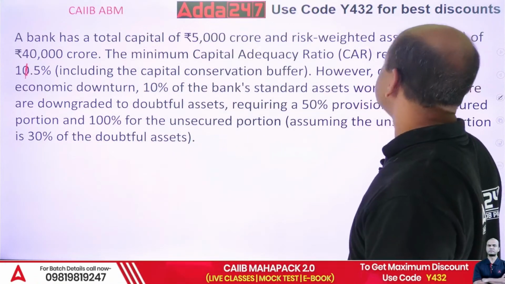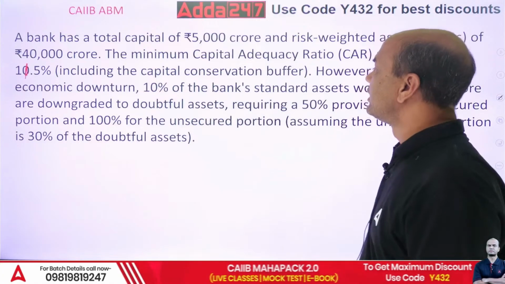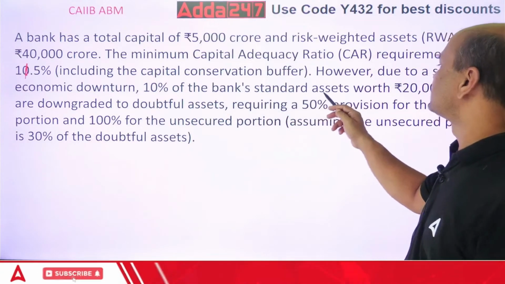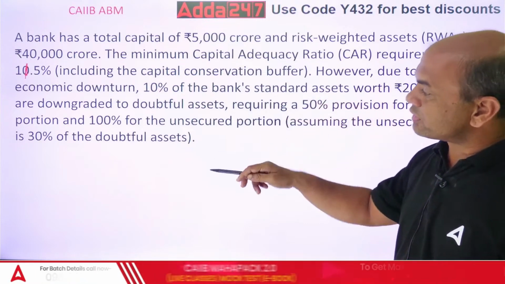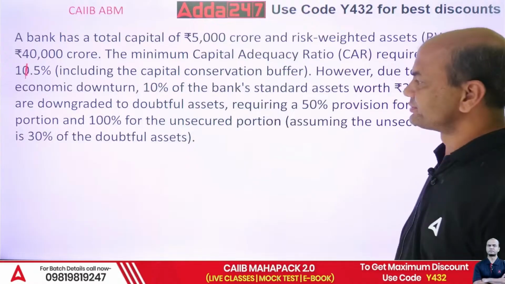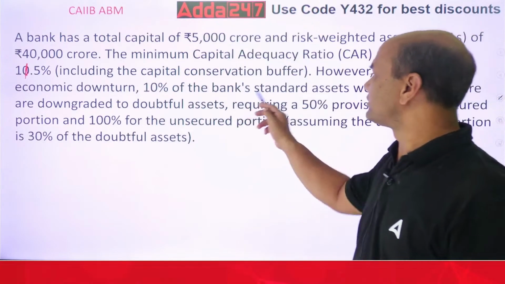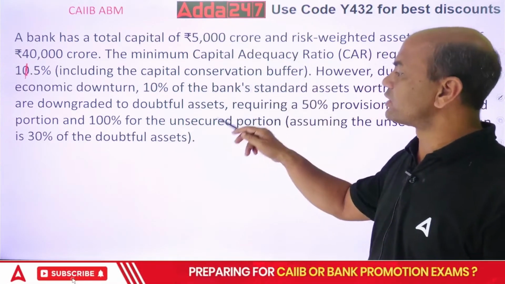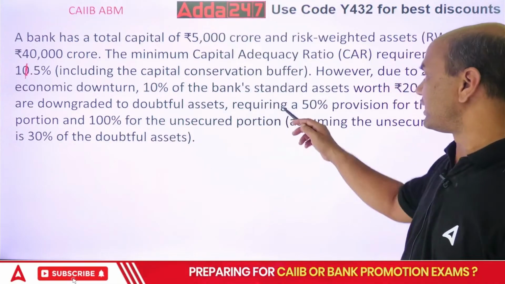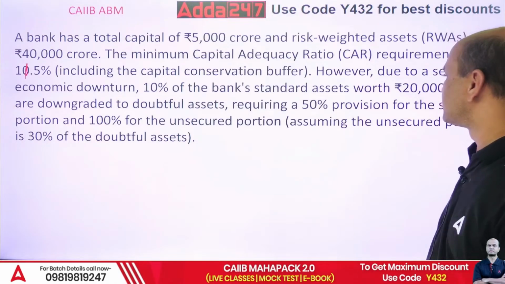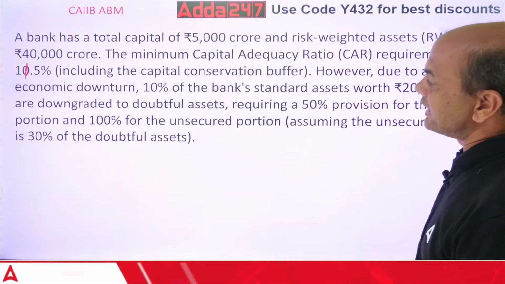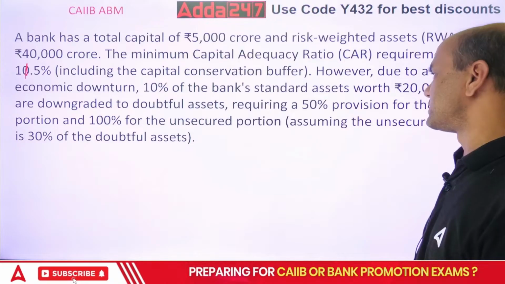However, due to the severe economic downturn, 10% of the bank's assets worth 20,000 crore are downgraded to doubtful assets. So 10% of the standard assets are downgraded to doubtful assets, now requiring 50% provision for the secured portion and 100% for the unsecured portion.